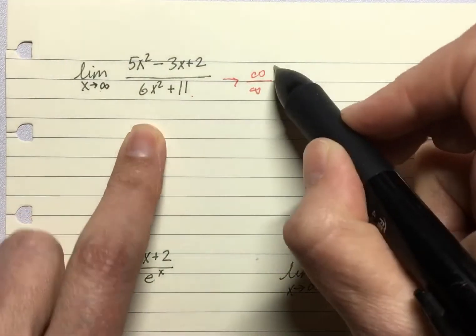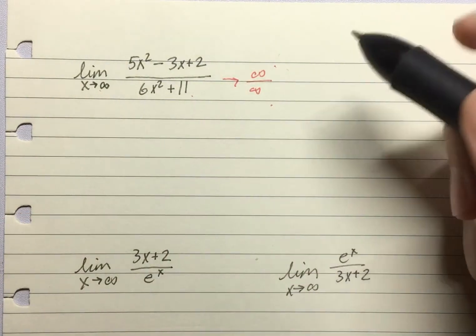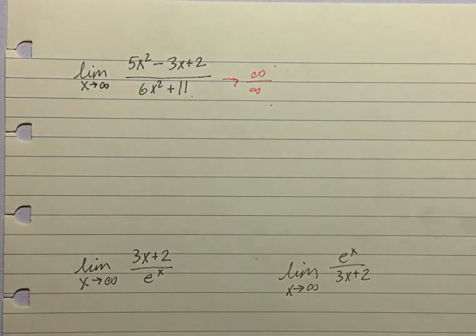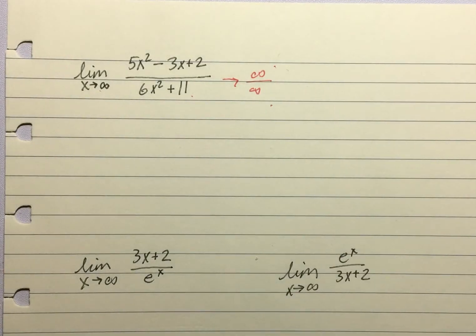By the way, if this was infinity over negative infinity, that would be totally fine as well. Okay, and you might be going, well, shoot, how could this go to anything that's real? So infinity over infinity, it can go to 0, it can go to infinity, it can go to any number in between. So let's find out what this does.